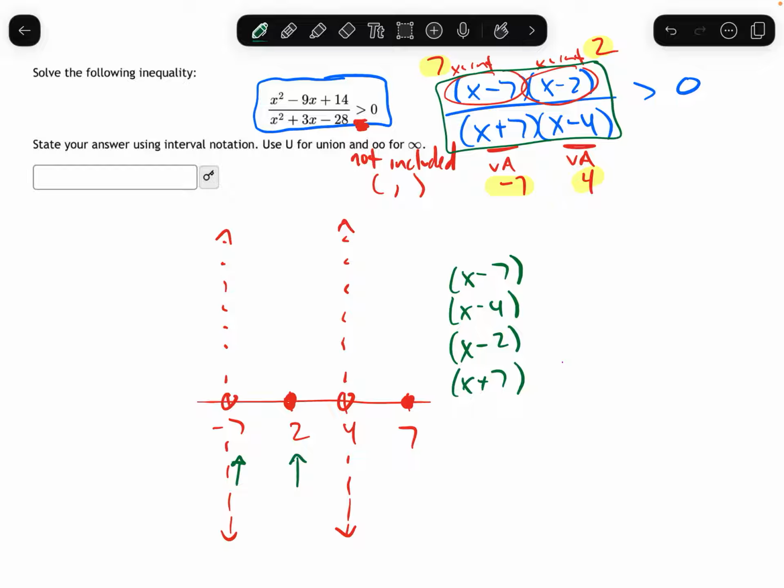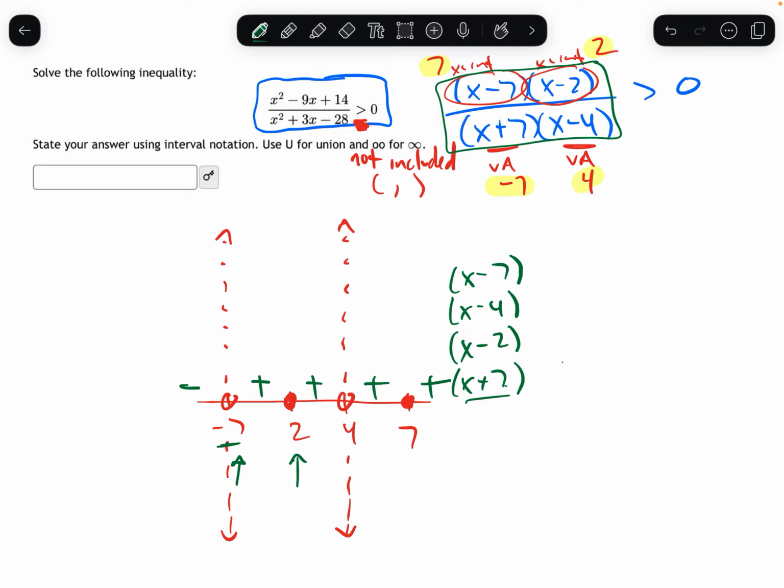The reason I evaluate these individually is it's much easier for me to see that in these intervals of critical points, anything to the left of -7, when you plug it into this factor, is a negative number. Anything to the right of it, whether it's in this interval, this, this, or this, is always going to give me a positive number. I do the same thing with each factor.